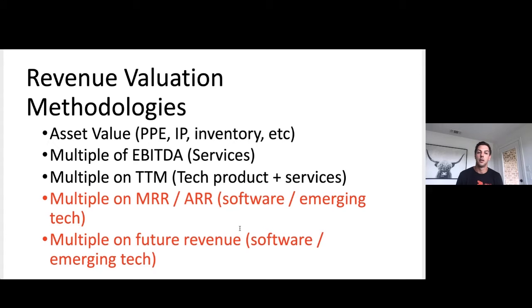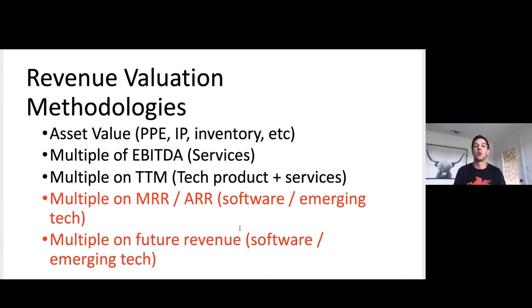Multiple on trailing 12-month revenue, that's what TTM stands for, is going to be an even bigger number. You're not necessarily taking the profits, but rather all of the revenue. This is really what happens when scalable tech companies begin to be valued.